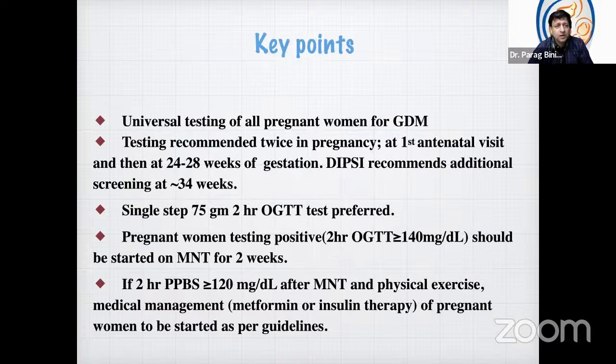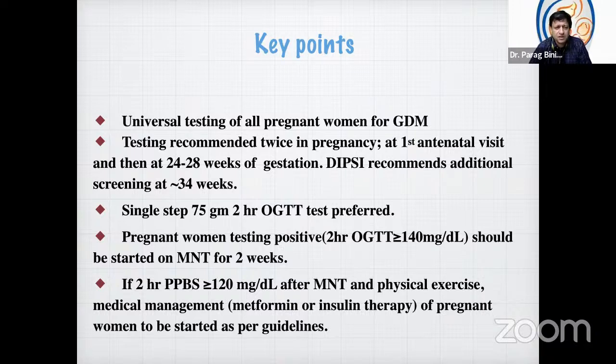So to conclude, universal testing of all pregnant women is extremely important for diagnosis of gestational diabetes mellitus. Testing is recommended twice in pregnancy, at the first antenatal visit and then between 24 to 28 weeks. DIPSI recommends additional screening at 34 weeks.